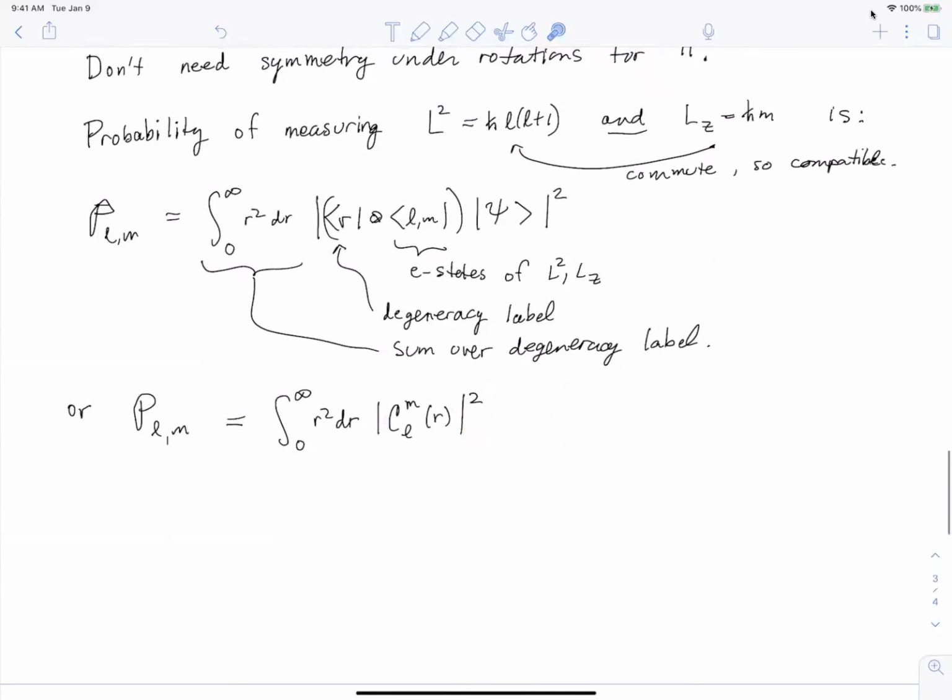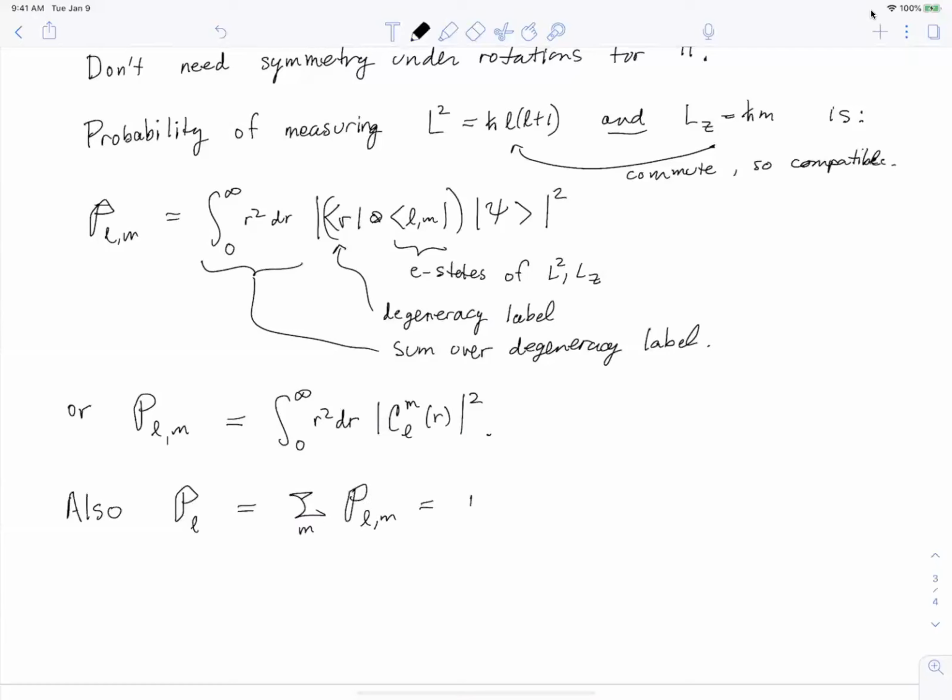So that's if you're measuring both of them at the same time. And of course, you could say, well, let me just measure one of them. So let's say I just decide to measure L squared. Then the probability of getting L is gotten by treating M as a degeneracy label, and I just sum over all M's of the PLMs.